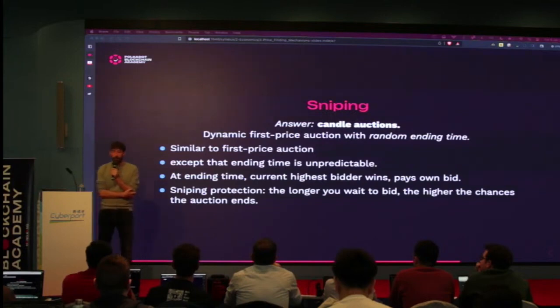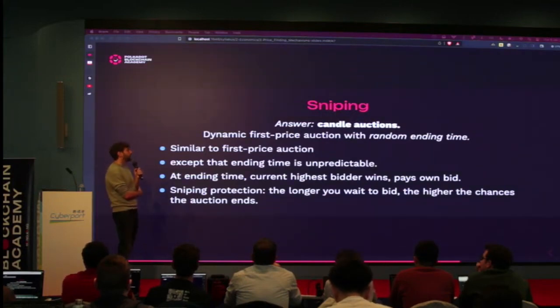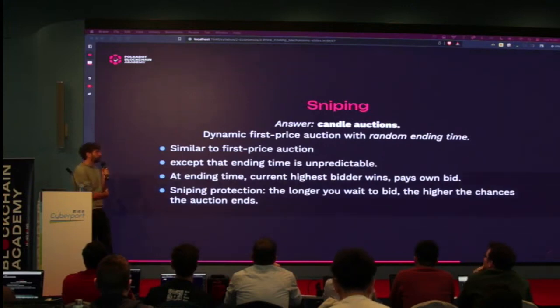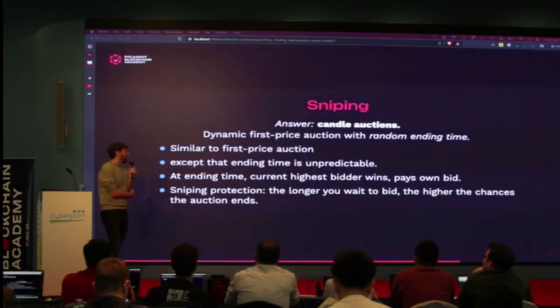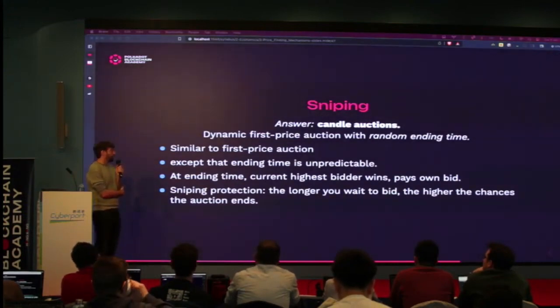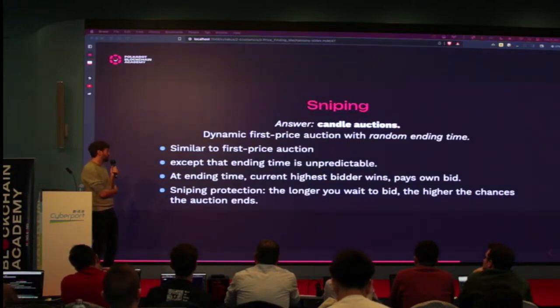I think there's probably also some ways for the auctioneer to rig the system and make the auction end whenever some bidder wins that he likes or something. So everybody keeps bidding, and at some point it randomly ends.